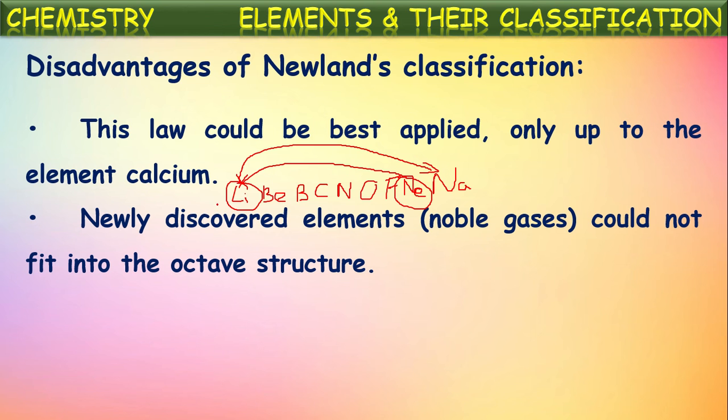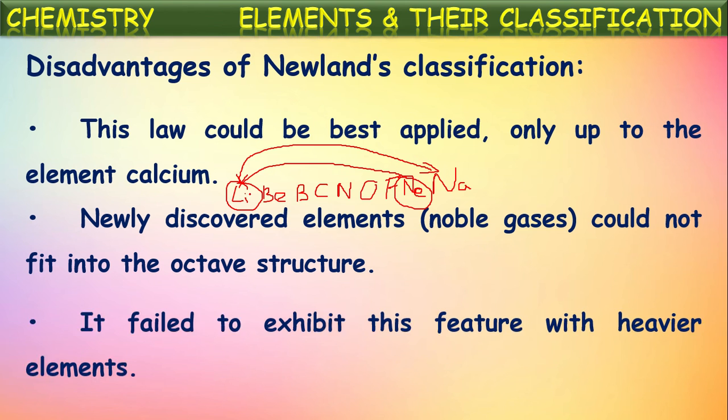Lithium is a highly reactive metal, neon is a least reactive noble gas. But for lithium, it became now eighth element neon. So the octave system is completely disturbed. It is not followed here, isn't it? So by the discovery of noble gases, this octave theory is completely failed. So this is one drawback we can say.